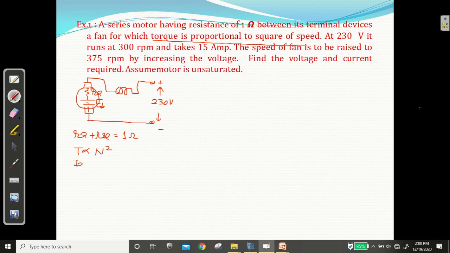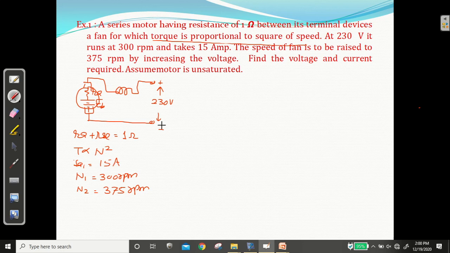So IA1 is 15 ampere in the first case, and N1 is 300 RPM. The speed of the fan is to be raised to 375, N2 is given 375 RPM, by increasing the voltage. Find the voltage and current required.